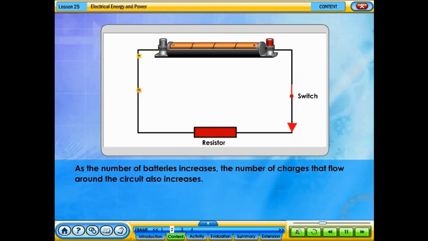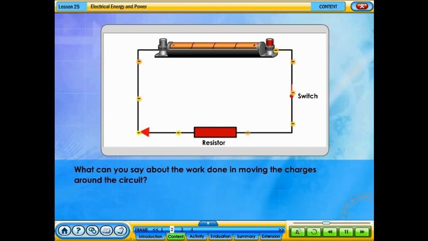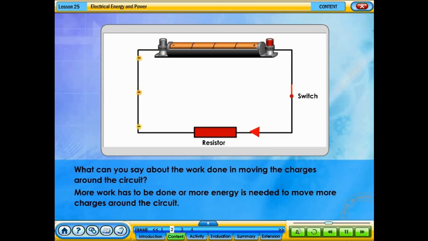As the number of batteries increases, the number of charges that flow around the circuit also increases. What can you say about the work done in moving the charges around the circuit? More work has to be done or more energy is needed to move more charges around the circuit.